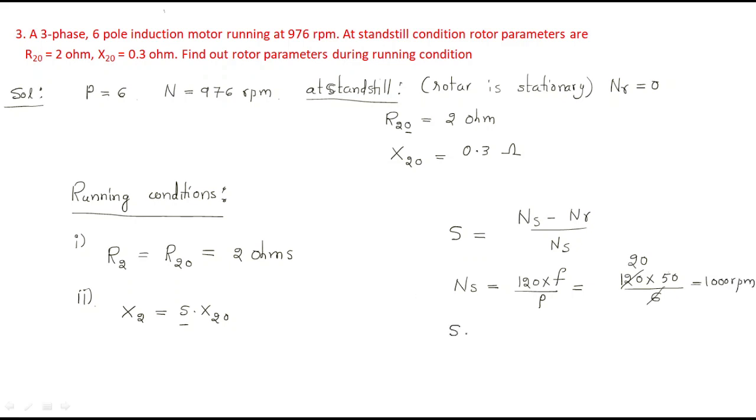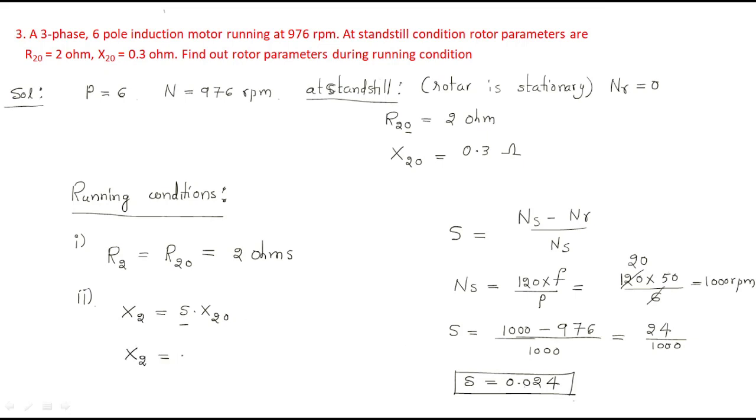Now we will find out the slip value. Slip value is (1000 minus 976) by 1000. By doing this, 24 by 1000. Finally, we get slip value equal to 0.024. Then you substitute this slip value in the rotor reactance. X2 equals the S value 0.024 times X2 naught.